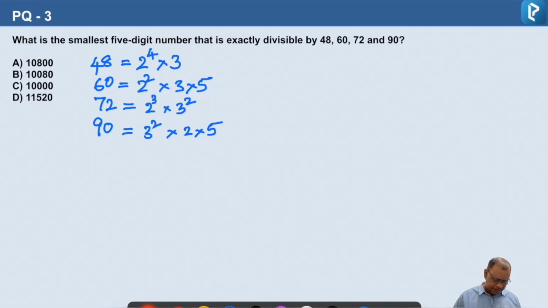So let us find the LCM here. First of all, let us start with 2. The highest power is 4. 3, highest power is 2. 5, highest power is 1. This is 16 into 9 into 5.